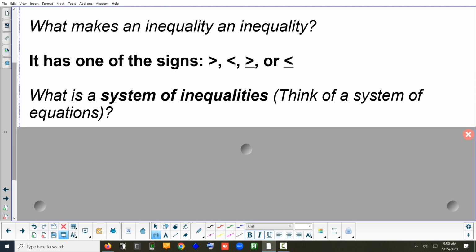All right, so for most of the third term, we talked about systems of equations. When we had systems of equations, how many variables did we have to solve for? You could have a system where you had to solve for 3 variables, but we never did up to 3.